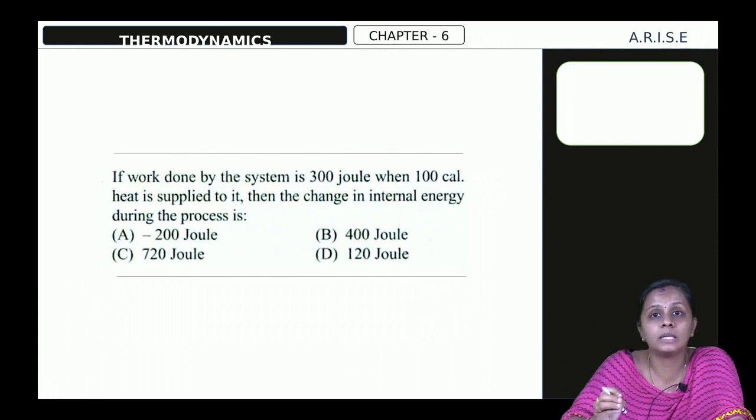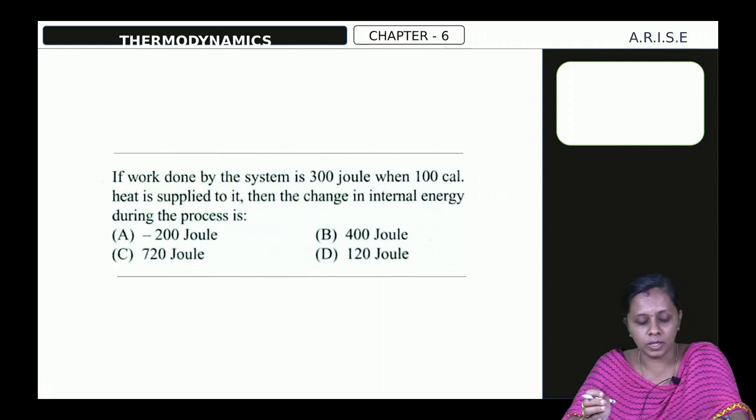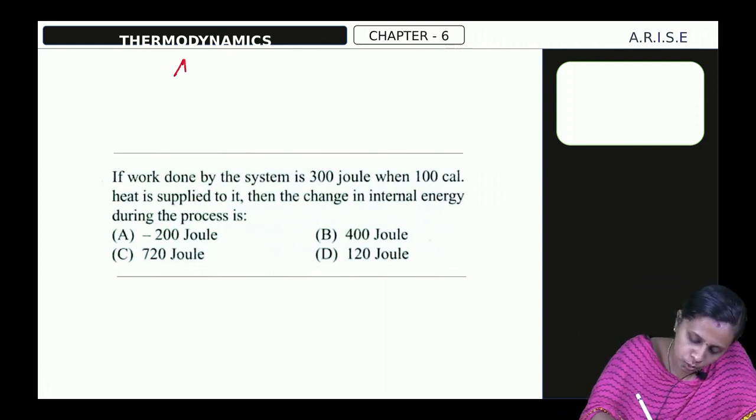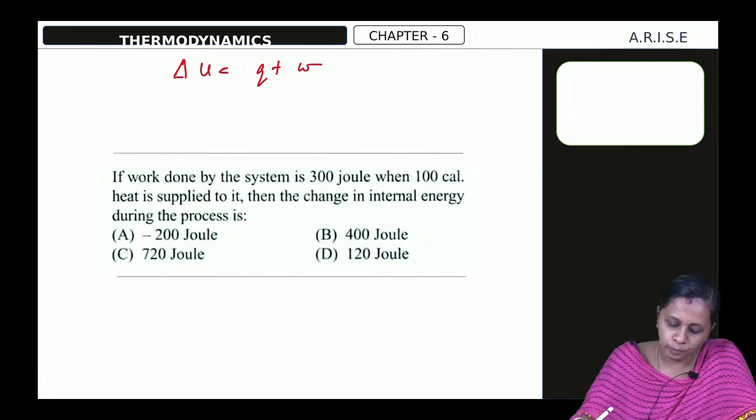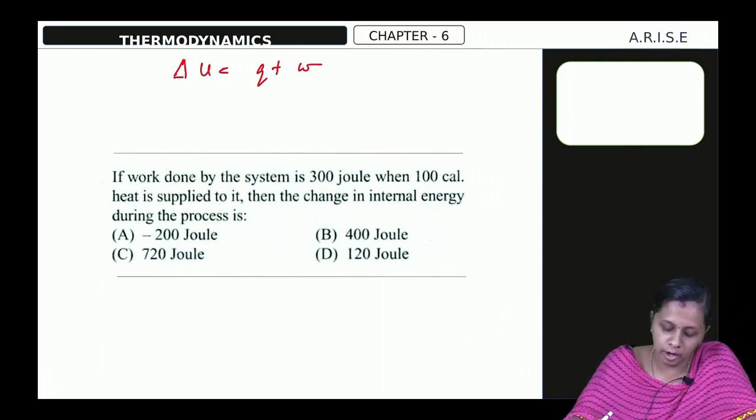So what is the mathematical expression for first law of thermodynamics? Delta U is equal to Q plus W. So this is the equation for first law of thermodynamics. They are asked to calculate the change in internal energy. So what are the information given?